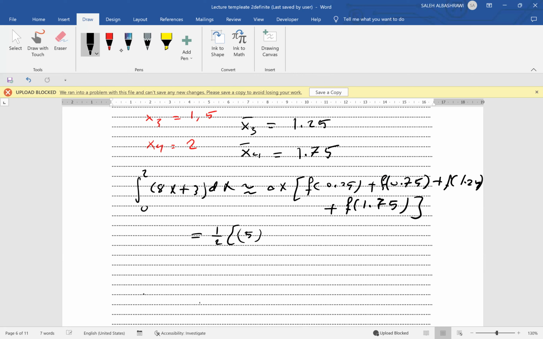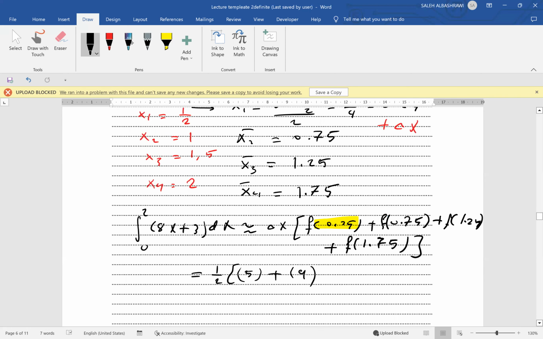The value of the function at 0.25 is 5. For the second one, replace x by 3/4: 8 times 3/4 gives 6, and 6 plus 3 is equal to 9.